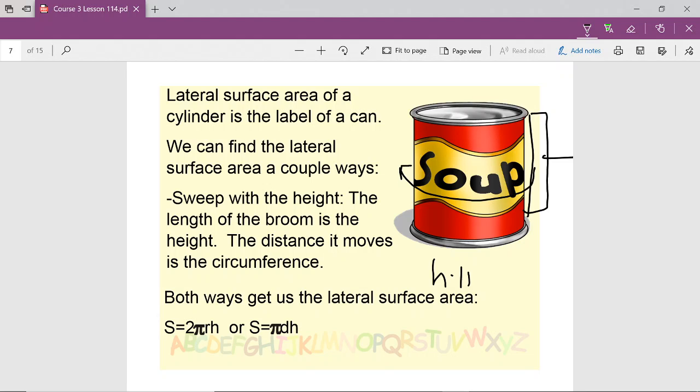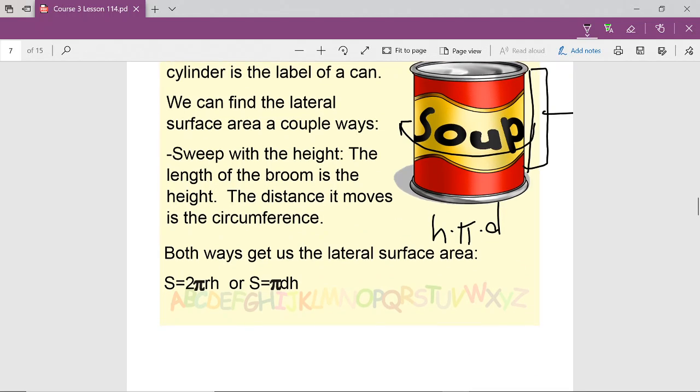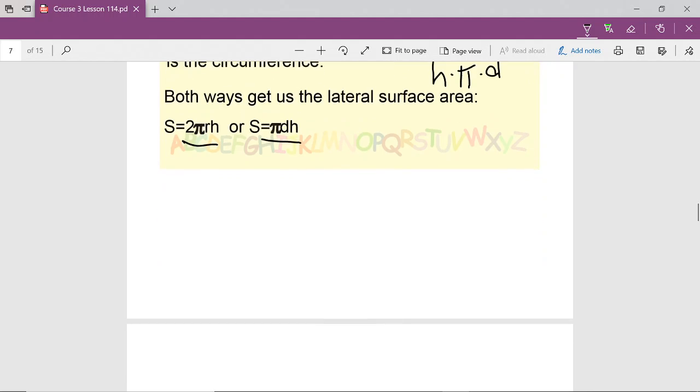So I'll say pi times diameter. Either way, we end up with lateral surface area coming in either of these two forms, which are the same, 2 pi r times the height, or pi times diameter times the height. It gives us the same circumference, either way that you look at it.